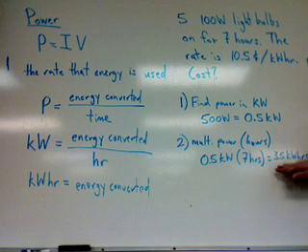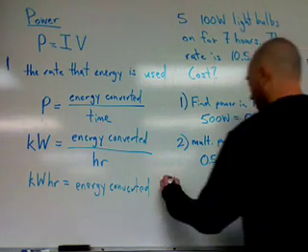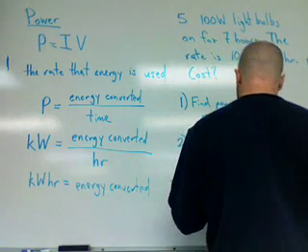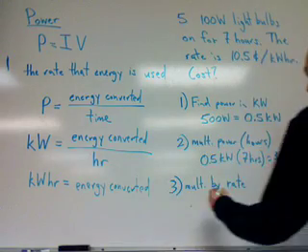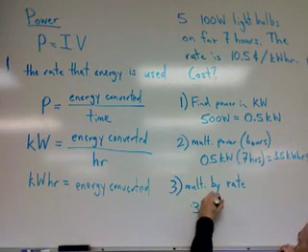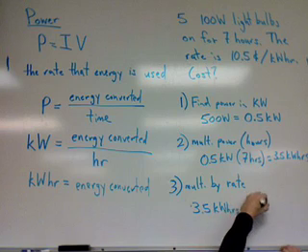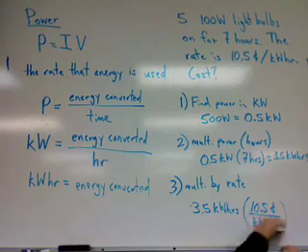My last step is to multiply by the rate. So I take 3.5 kilowatt hours and multiply that by 10.5 cents per kilowatt hour.